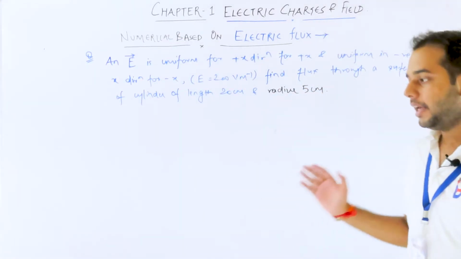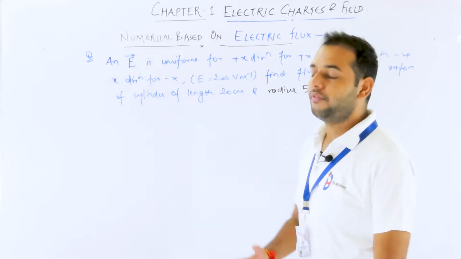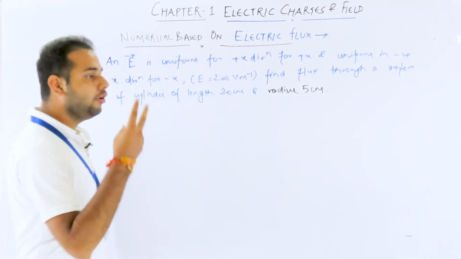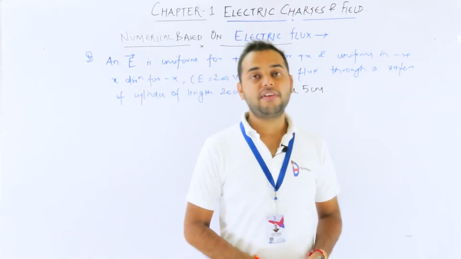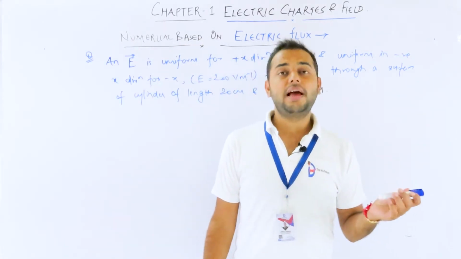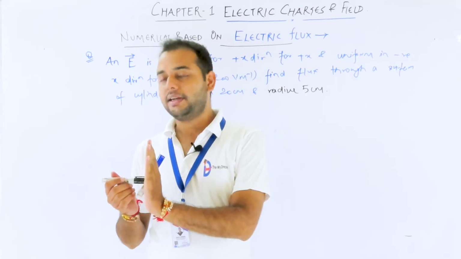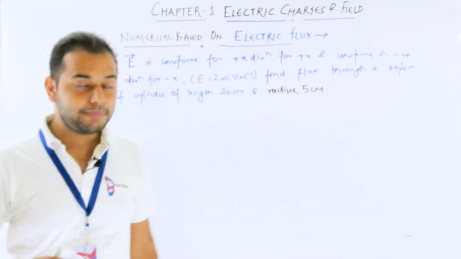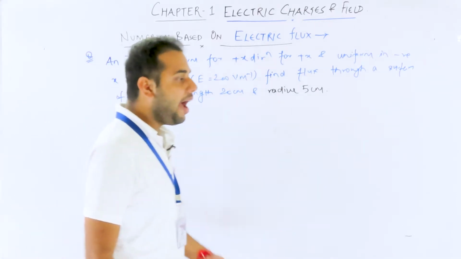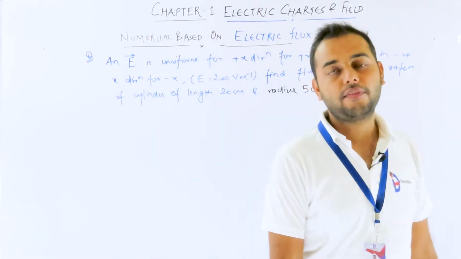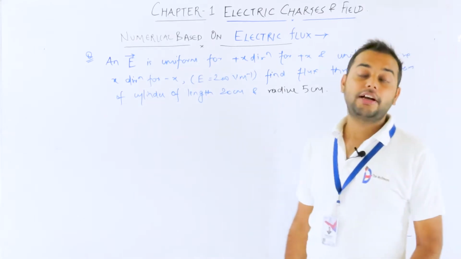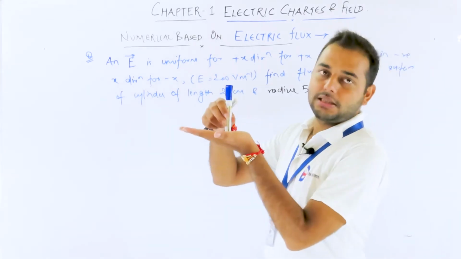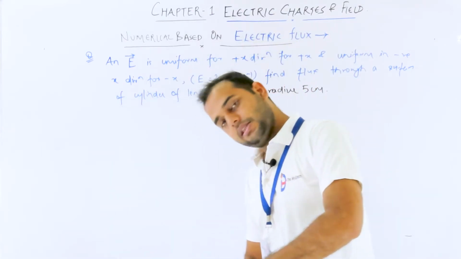And we have seen that when we have an electric field only in the x direction, the contribution of electric flux comes from only two surfaces: one having an area vector in the positive x direction, and another having an area vector in the negative x direction, isn't it? But I explained that if a y component of the electric field also exists, then you would have a contribution from the surfaces on which the area vector is in the y direction, say this or this.